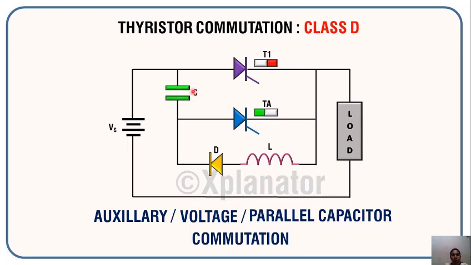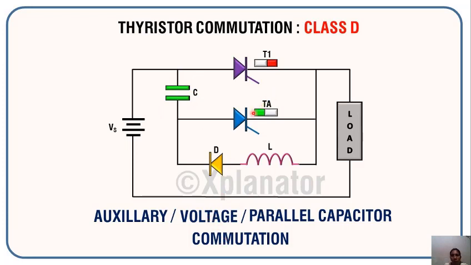So you can see that clearly there is a reverse voltage across this T1. Once TA is fired, this capacitor applies a reverse voltage to the main thyristor, so it gets turned off. Since it is turned off by reverse voltage, you call it voltage commutation.